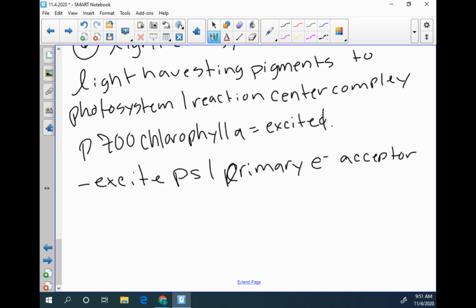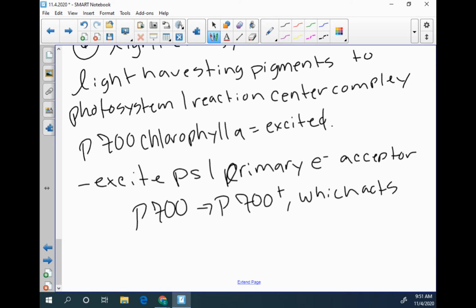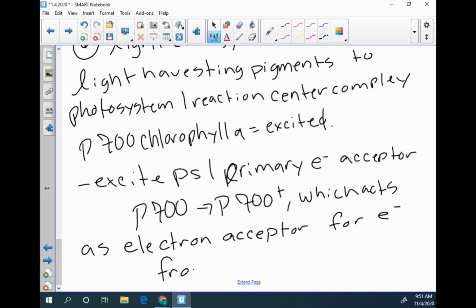And now we have P700 to P700 plus, which acts as an electron acceptor for the electrons from PS2.